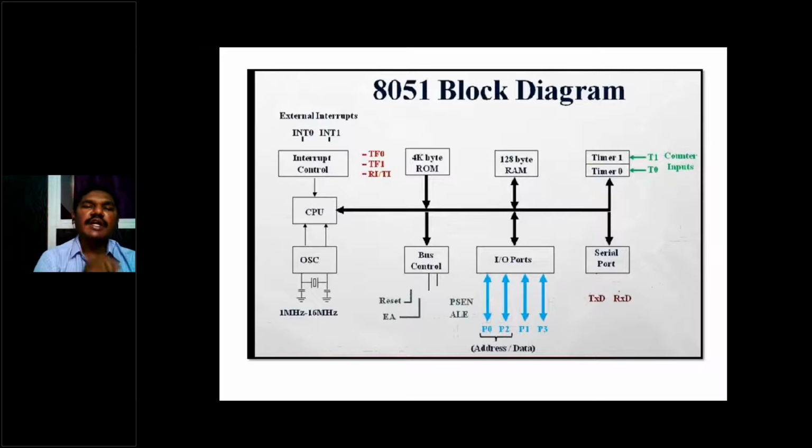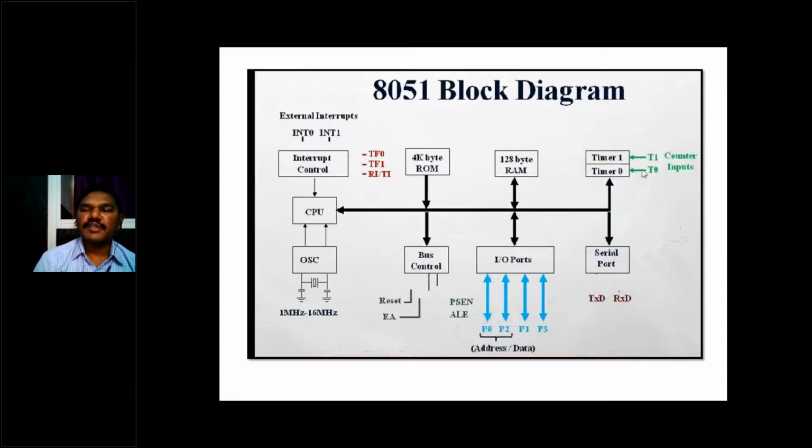So this is the block diagram of the 8051 microcontroller, and everything shown is inside the microcontroller. This microcontroller has one CPU, one on-chip oscillator, an on-chip interrupt controller, on-chip ROM, on-chip 128 bytes of RAM, an on-chip bus controller, on-chip I/O ports, on-chip serial communication through TX and RX, transmit and receive, and on-chip timers or counters.